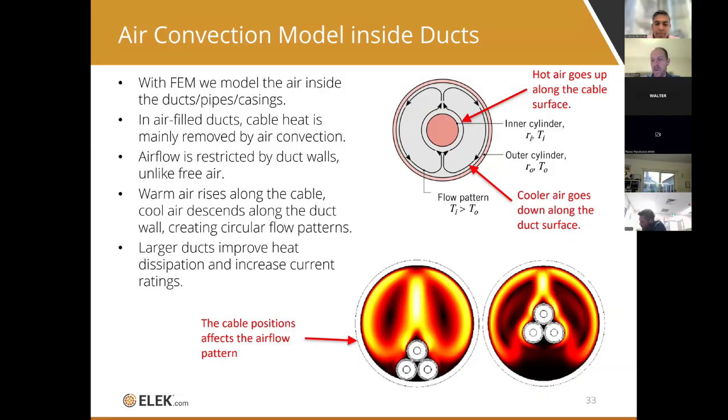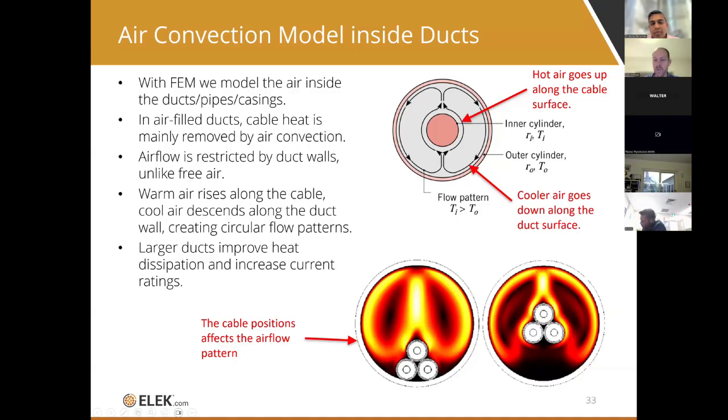You can consider the accurate size of the duct, the materials, and also the positions of the cables, the number of cables in the ducts, the cable dimensions, and the losses, which are the heat source. We can see that the cable position affects the airflow, and this is modeled in FEM.